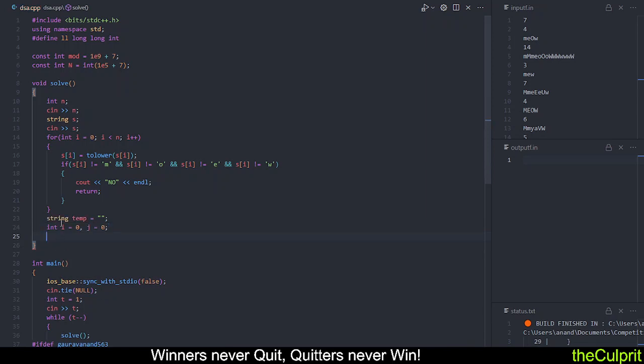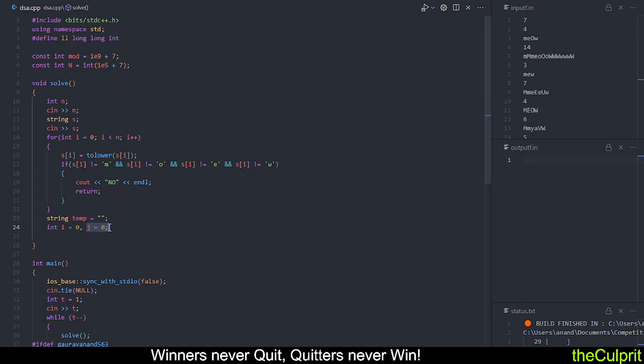What I will do is point i to the character which will be inserted into temp, and j will keep on checking for the adjacent values. If they are same, it will keep on skipping.